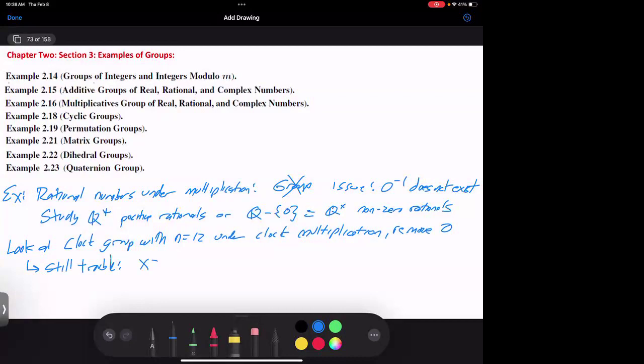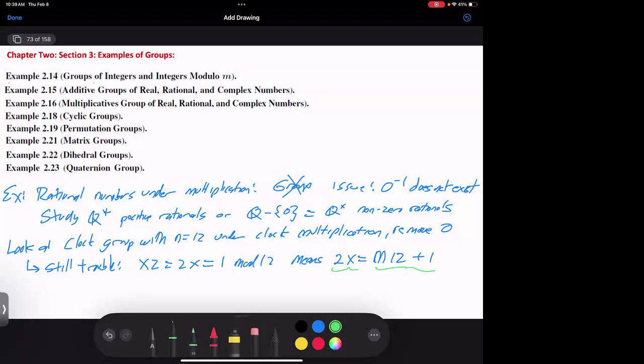If we wanted to solve for the inverse of 2, we want that to equal 1 mod 12. That means 2x equals some multiple of 12 plus 1. What can you tell me about the two different sides? Yep.